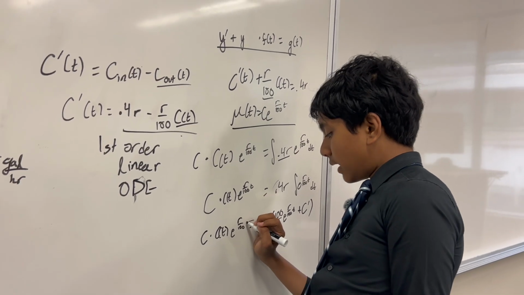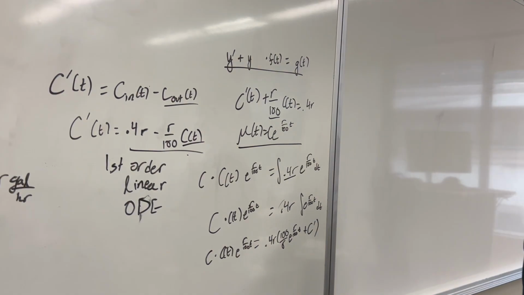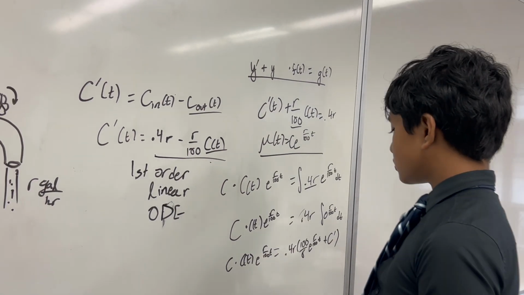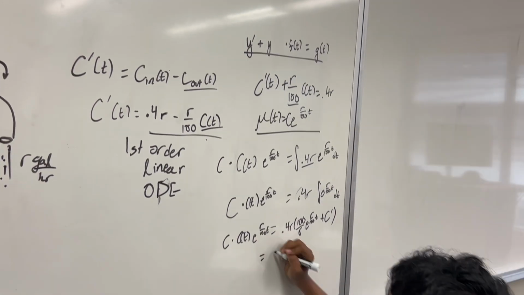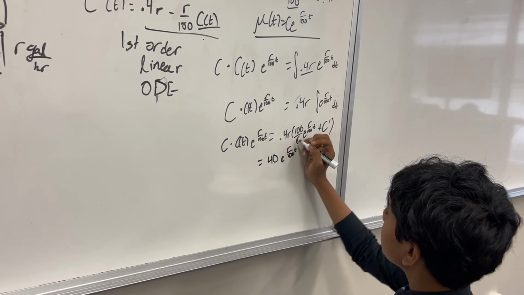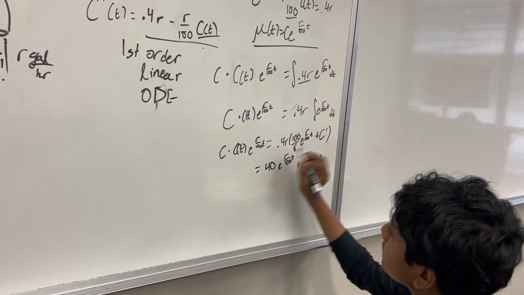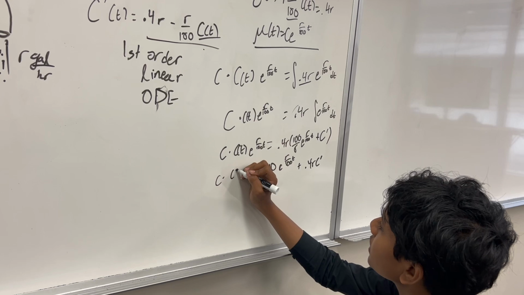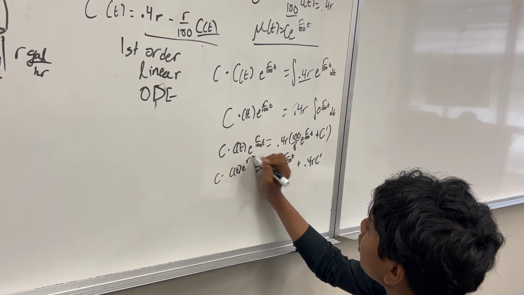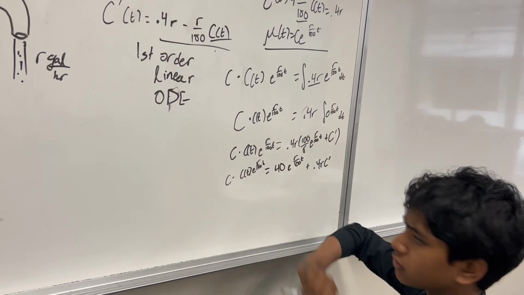We can't just ignore them because they carry these crucial terms along with them. So now, once we try simplifying, we get 40 e to the r over 100 t plus 0.4r c prime. Then we have c times c of t e to the r over 100 t.